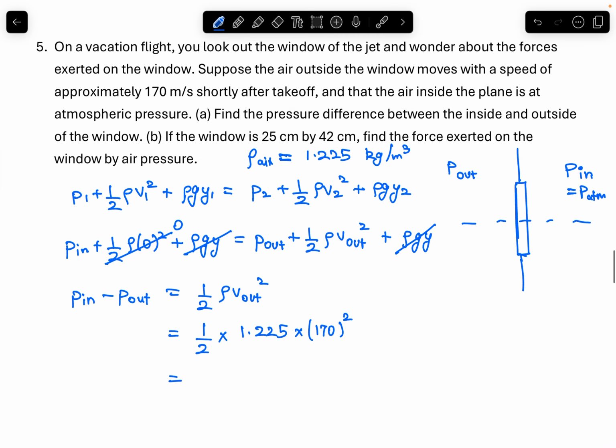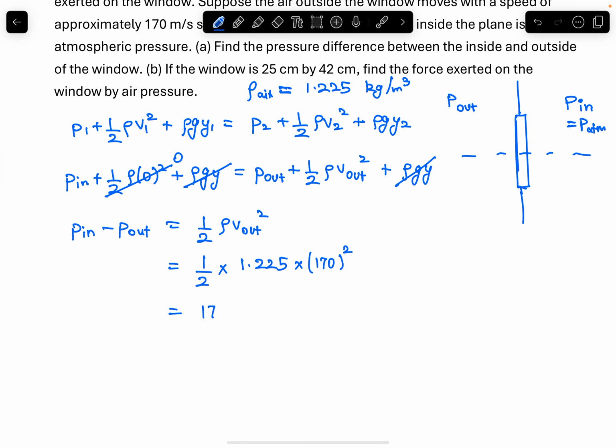After solving this, we get 17701.25 newton per meter squared.